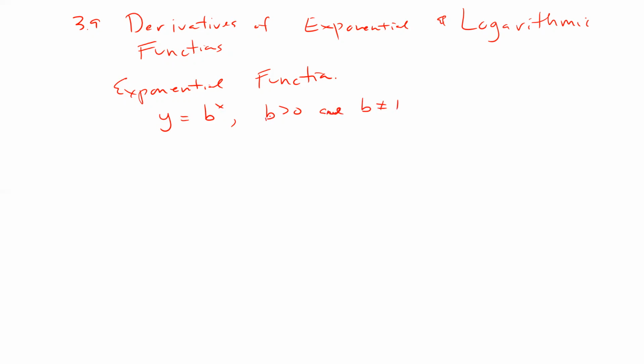So it can't have negatives inside there, can't have a 0 in the exponent, and it can't have 1. Okay, that's the definition. So now some properties. Properties are b to the 0 power is 1, and b to the negative n is just the reciprocal, right? It's the reciprocal of it, so 1 over b to the n.